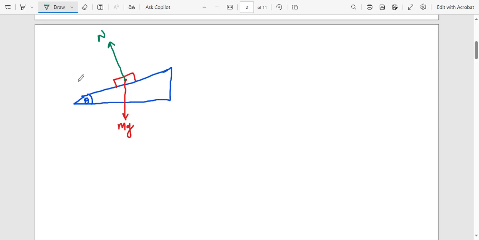Now, if we make an extension of the normal force, we are going to have this. If you extend the normal force, and then connect it like this, this dotted line that I'm drawing here is parallel to the incline. So it is from here that we understand something. If I take this small triangle that I formed here, I can put it now upright.